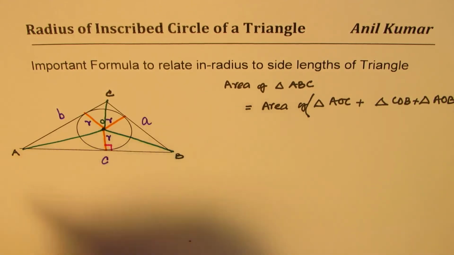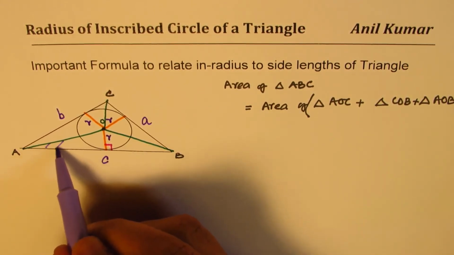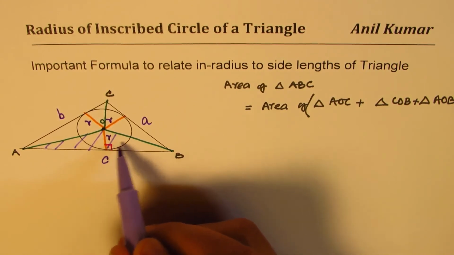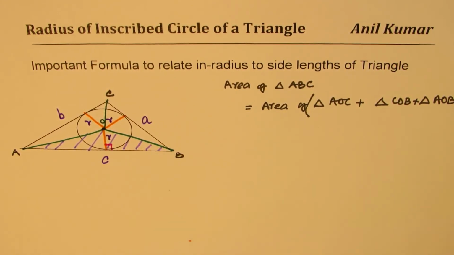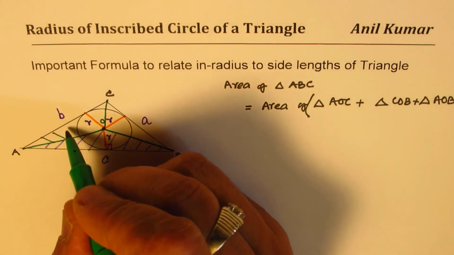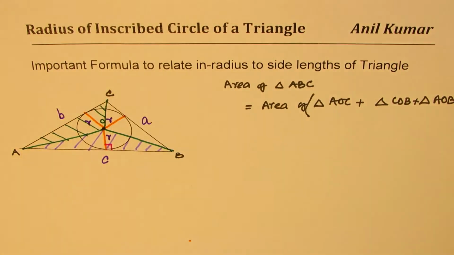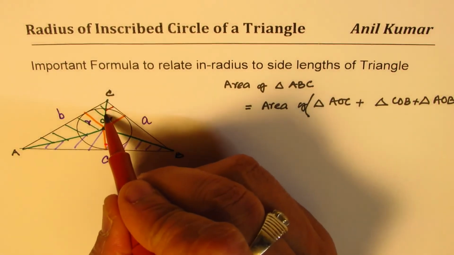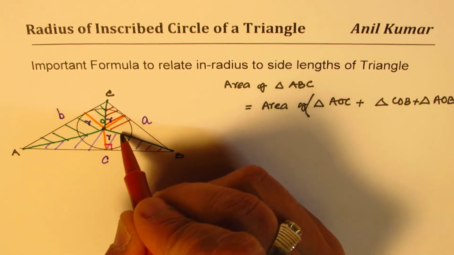So we have one of these triangles, that is like one of the triangles, correct? Then we could have the other triangle right there, and the third triangle. So it is the sum of all these 3 triangles.